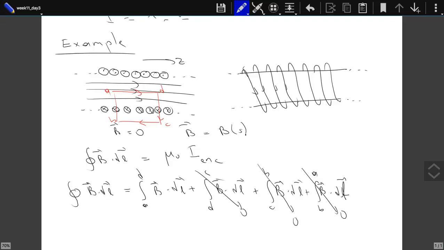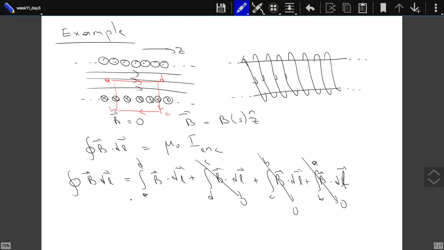It cannot depend on the phi coordinate. I'm taking a cylinder, so if I rotate my system, or change the phi coordinate of my point, nothing should change. So B can at most depend on S. We will see in a moment that it is also independent of S. But just from the symmetries of our problem, we know that B might depend on S. It cannot depend on other coordinates.